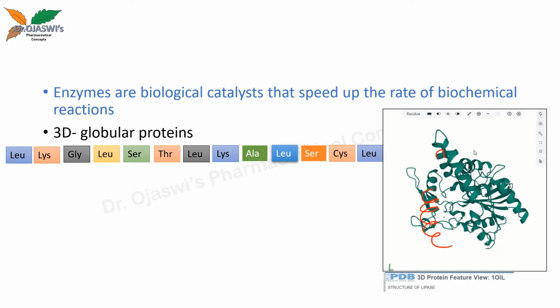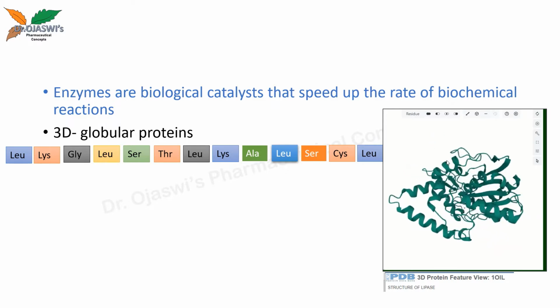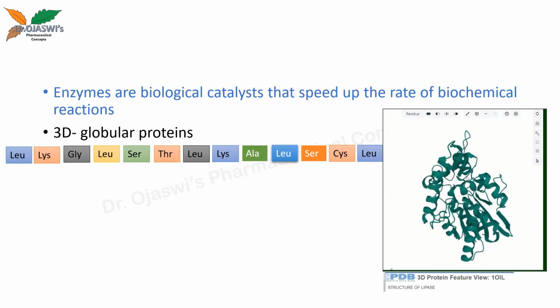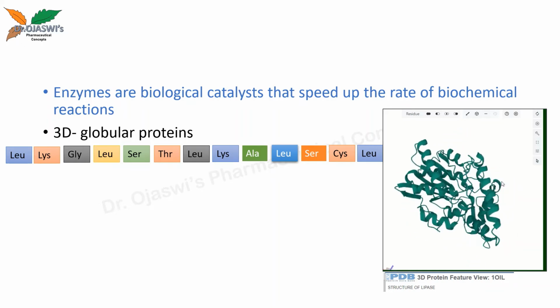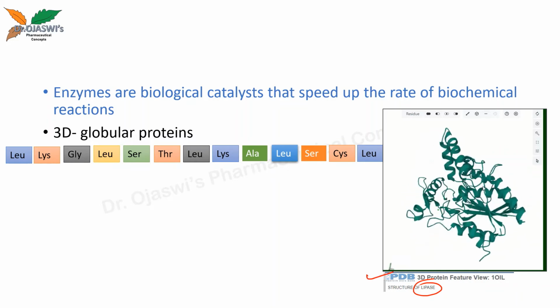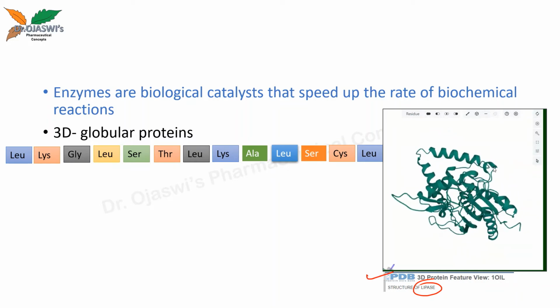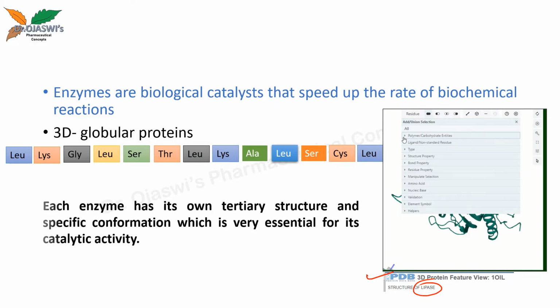So enzymes are 3D globular proteins. You can see in this particular video the 3D form of the enzyme is clearly visible. This enzyme is the enzyme lipase, and I have taken this from the PDB, that is the Protein Data Bank.